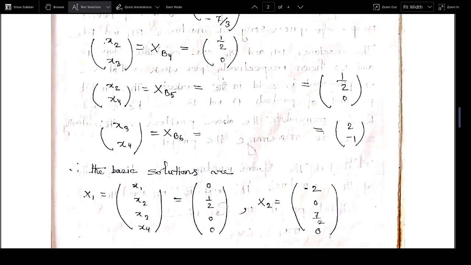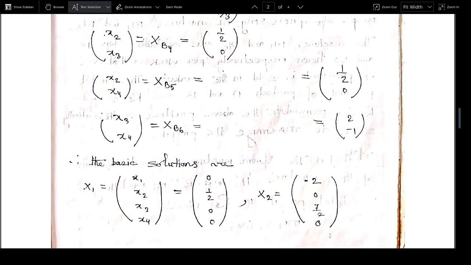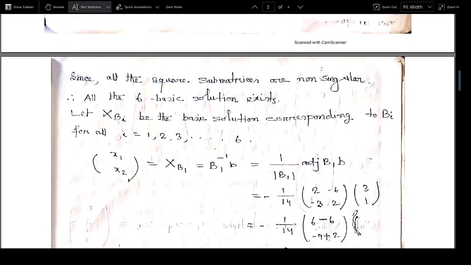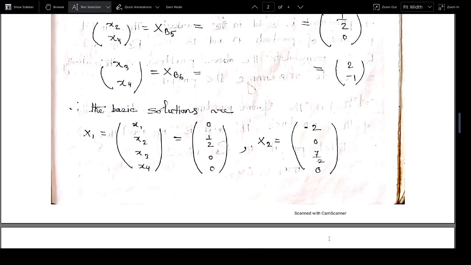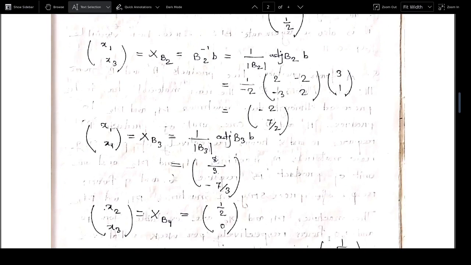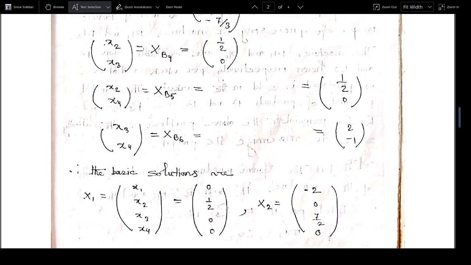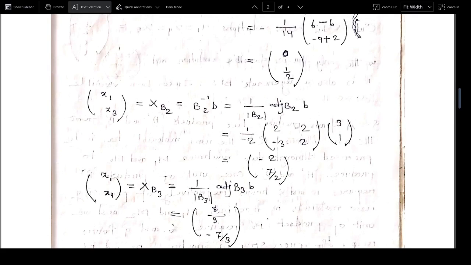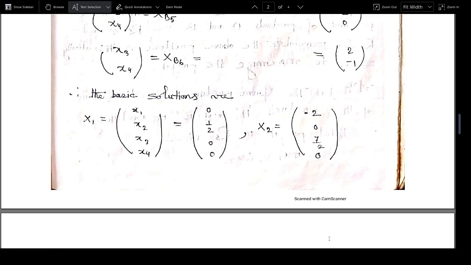So you see second page, last line, the basic solution is x1, x2, x3, x4. So x1, x2 values we already got, x3 is 0, x4 is 0. In case of the next one, you find out, right? When we calculate, x1 value is -2, x3 value is 7/2, and the remaining two values are equal to 0.